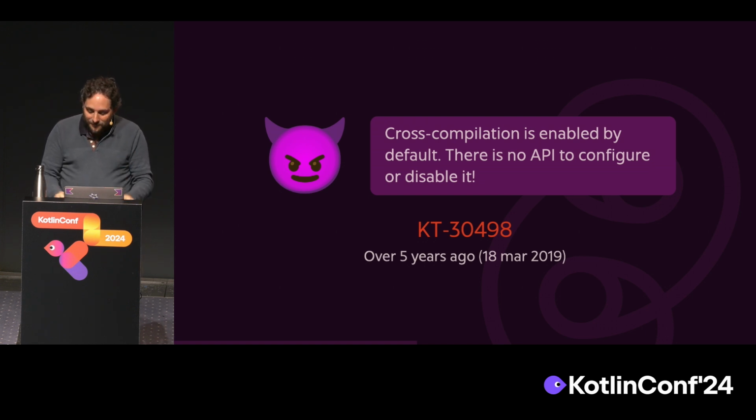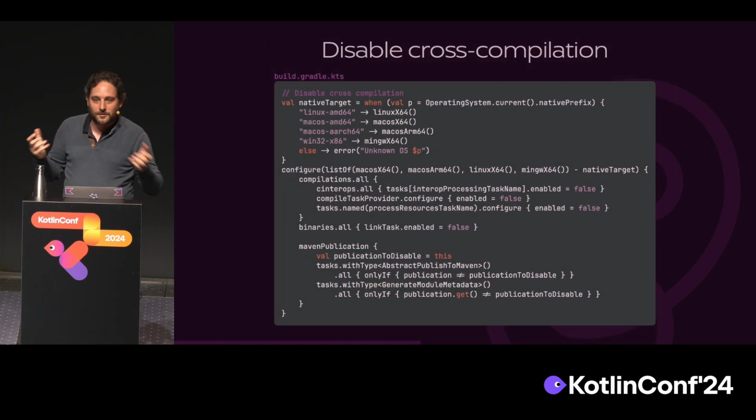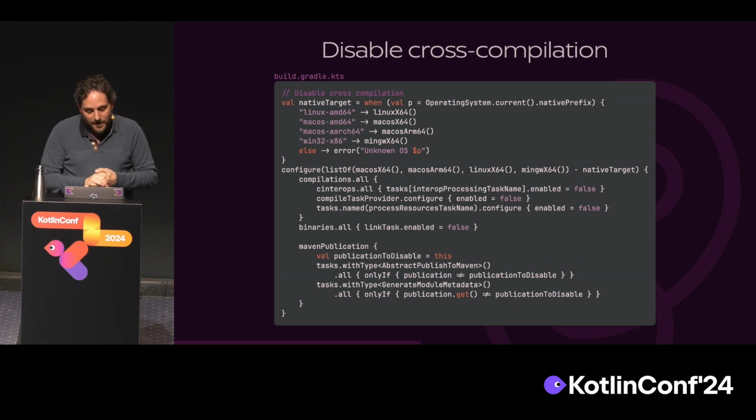It's kind of infuriating. There's a workaround. You need to put all that into your Gradle and trust that it works, and it works. But it's suboptimal. You need a config comment to say, okay, this disables cross-compilation, because there's no other way. Let's hope one day JetBrains addresses this issue.